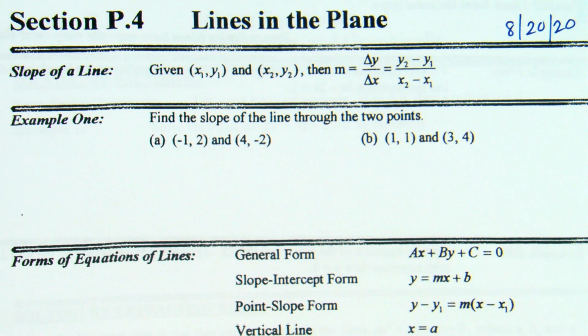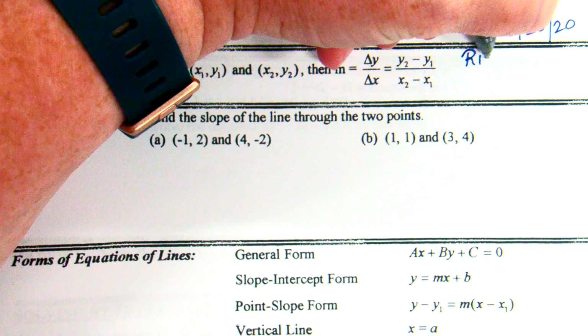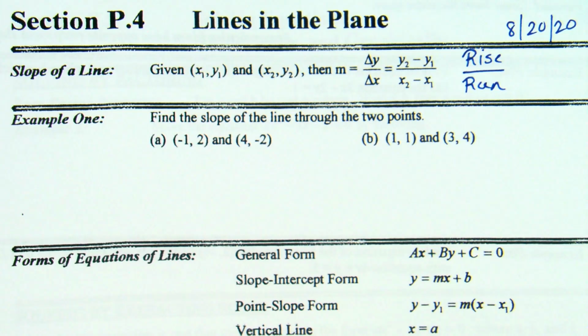If you're looking at a graph, you can... rise over run. I'll give you credit. You said it before I got it fully written there. I think you knew it. Okay, so another phrase for slope is rise over run, up or down, over left or right.